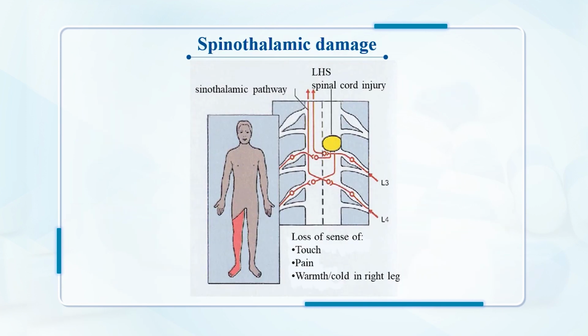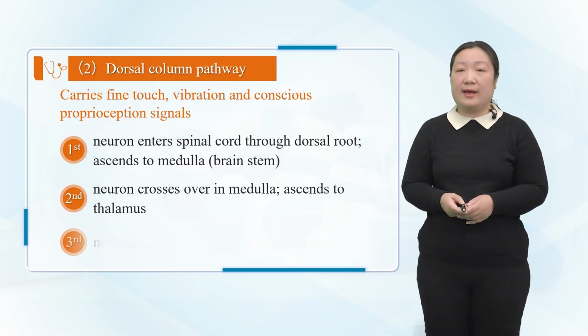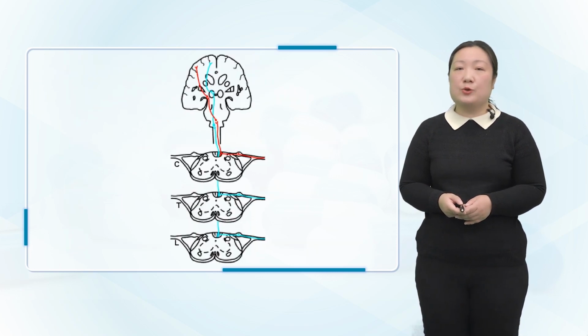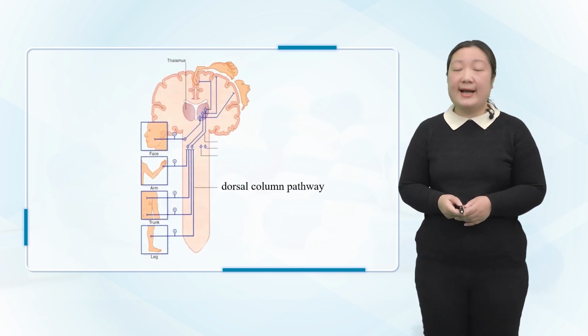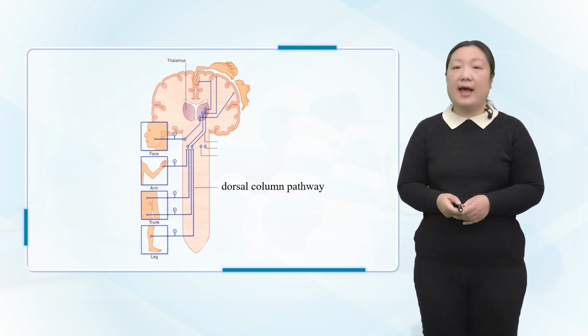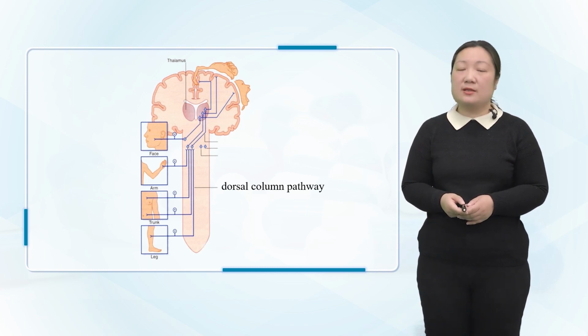In humans, the thalamus also plays a very important role. The dorsal column pathway carries fine touch, vibration, and conscious perception signals. The neuron enters the spinal cord through the dorsal root, ascends to the medulla, and crosses over in the medulla. It accesses the thalamus, and the neuron projects to the somatosensory cortex.